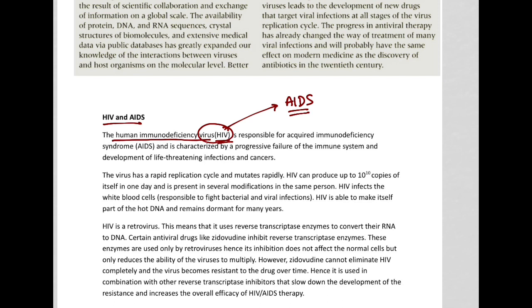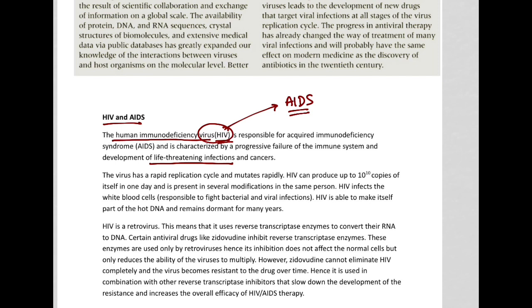Once HIV has damaged the body's immune system sufficiently, the body is not able to fight off infections, which means that normal infections that our body fights off easily become life-threatening.